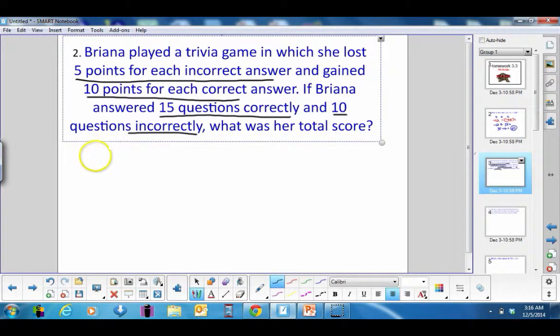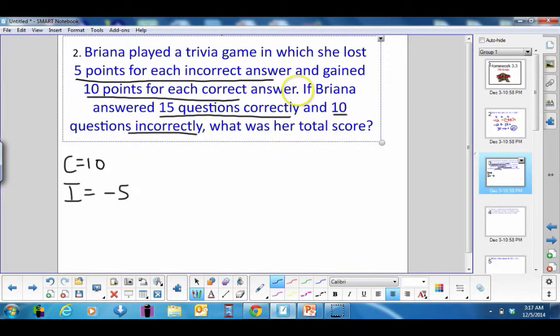So I'm going to write all my information down. I know she gets 10 points for each correct answer, so I'm going to put a C over here for 10. Okay, and then for each incorrect answer, she lost 5 points, so I'm going to put negative 5 right here.